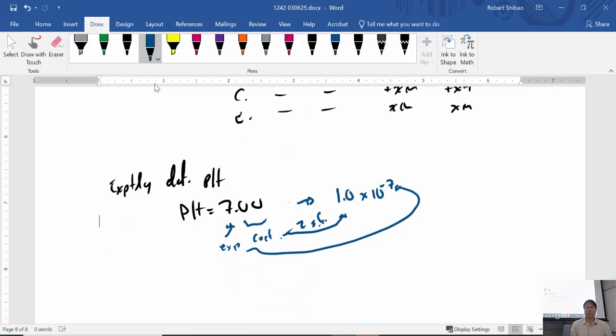The halfway point. All right, so that means we have here 1.0 times 10 to the minus 7 molar. Because what the pH measures is the equilibrium concentration.